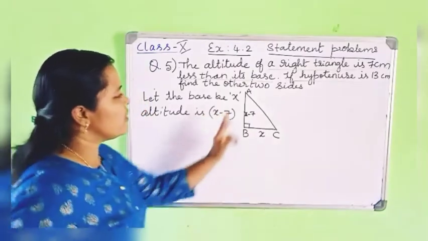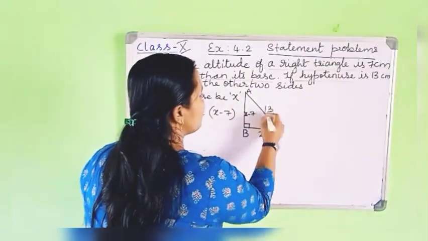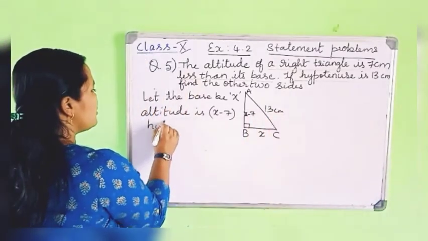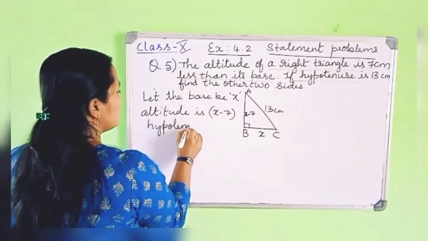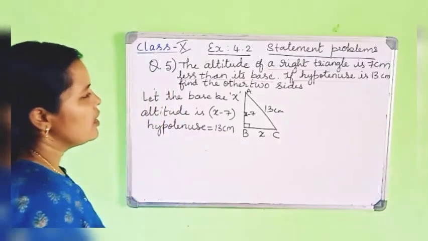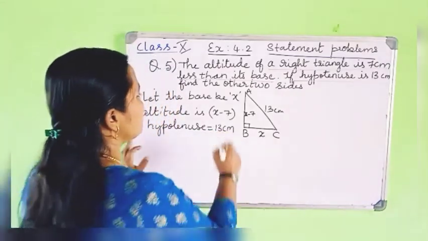So what is the hypotenuse they have given here? 13 centimeters. So hypotenuse is equal to 13 centimeters. Let us take these also in centimeters.